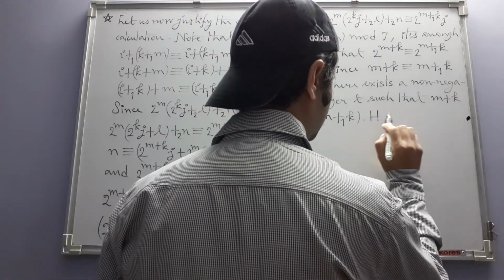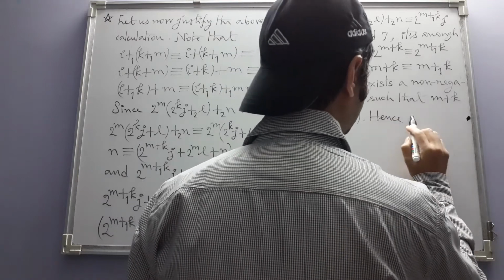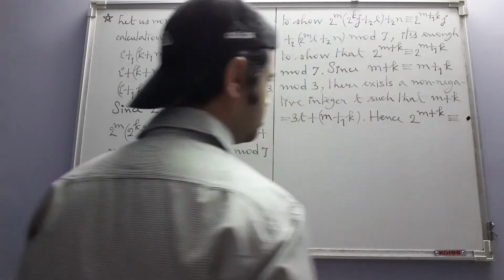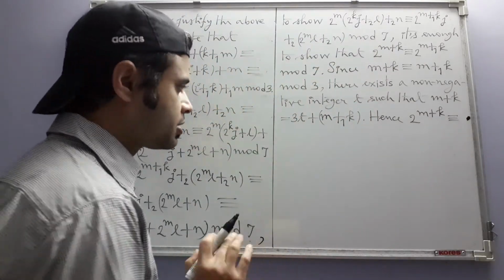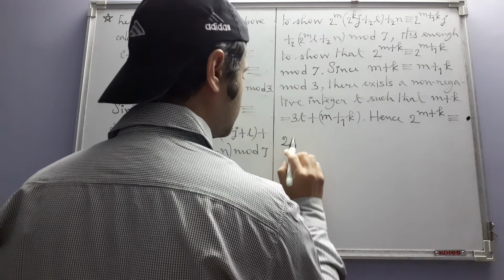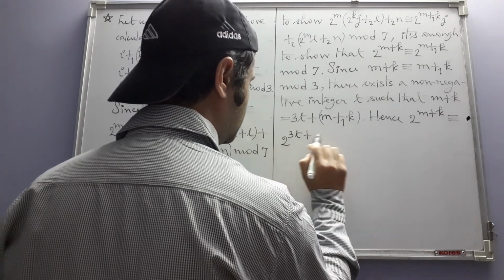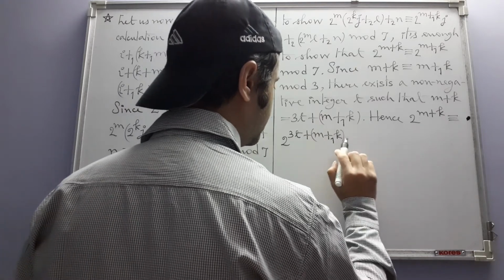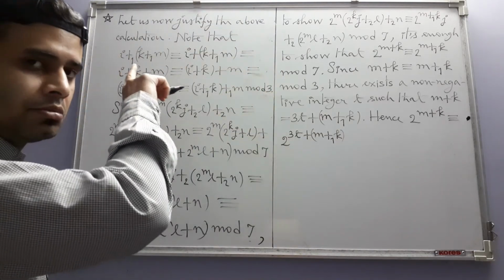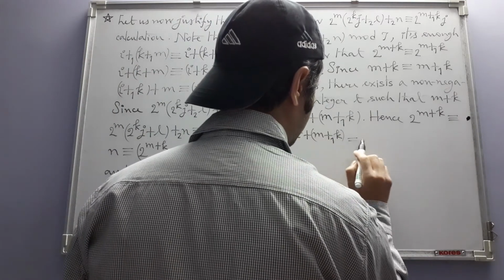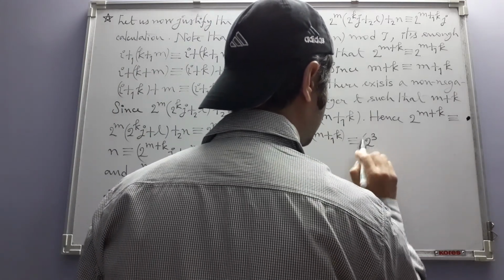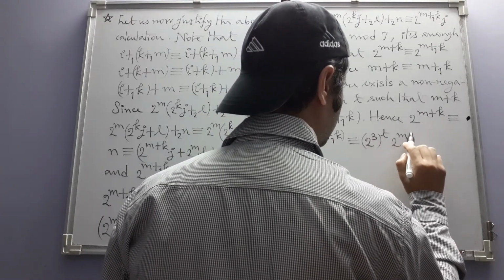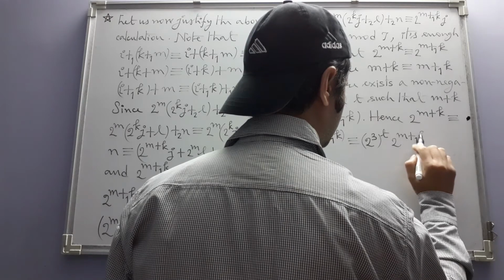Hence, 2 to the power m plus k is congruent to, now our congruence is modulo 7, 3t plus, now you can almost see that it's a situation like what we had before. This is congruent to 1k.